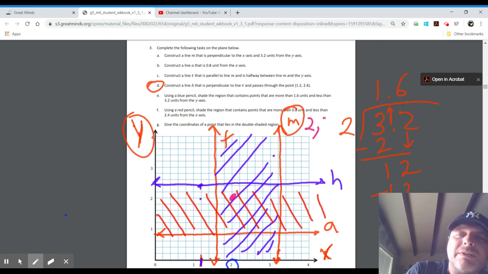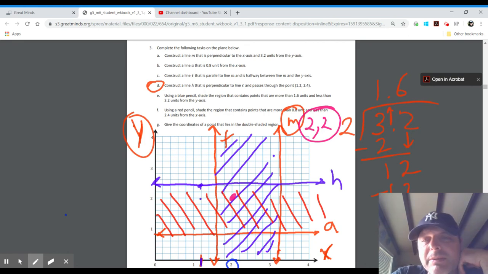It's a point within that region, and with whole numbers I don't have to deal with decimals. You can pick any number you want. I think the smallest x is 1.8, which is this X right there, and you can pick 1 as your y.